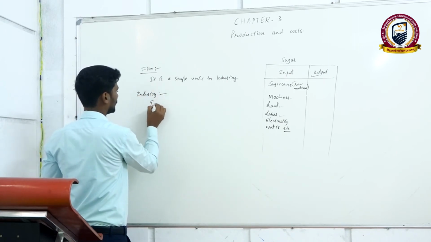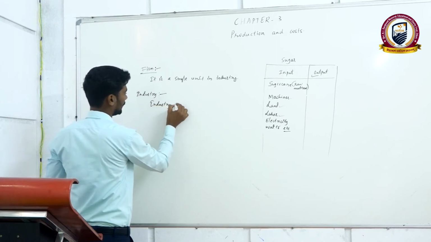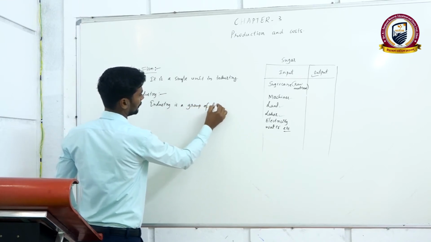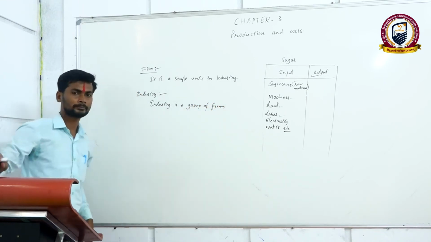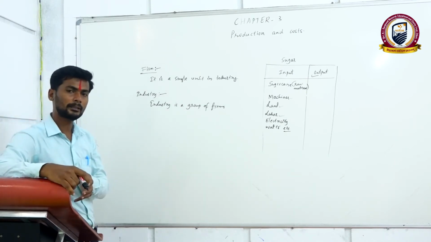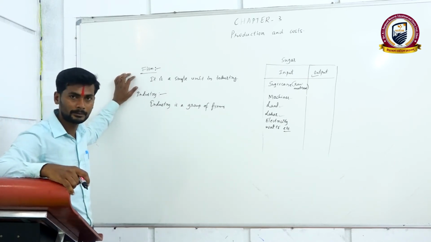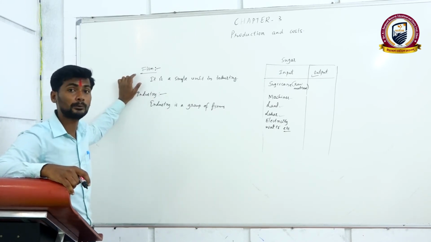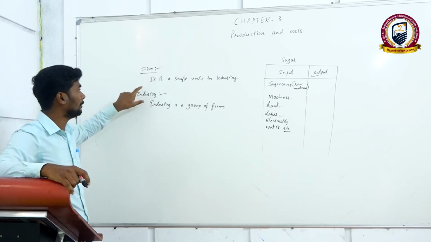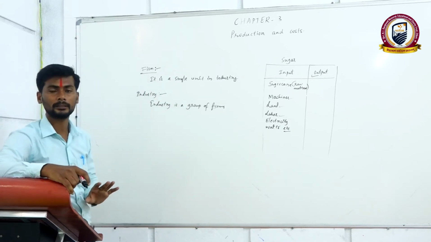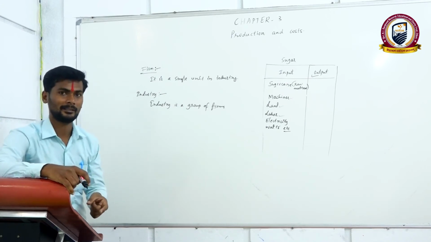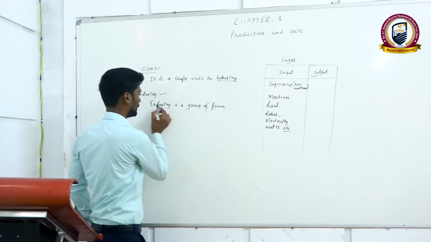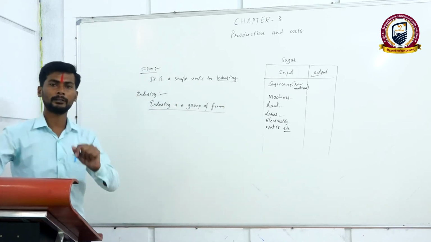Industry is a group of firms. In the last year I explained this. So who is involved in the production? Firms will produce goods and services. What is the meaning of firm? It is a single unit in industry. So what is industry? Industry is a group of firms. I will tell you an example.